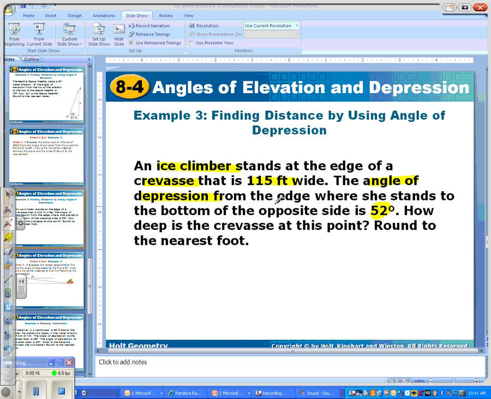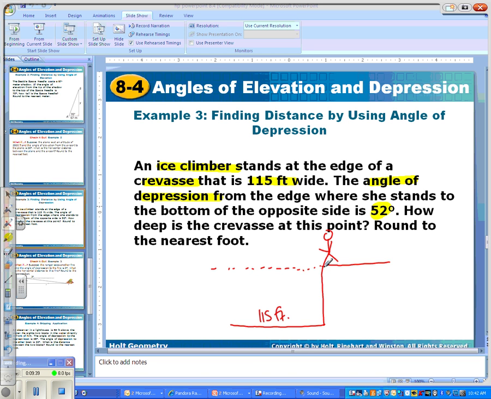So a crevice is like a cave underground. This ice climber is standing at the edge of this crevice, and this crevice is 115 feet wide. The angle of depression means it's below the horizon, so there's my parallel horizon.